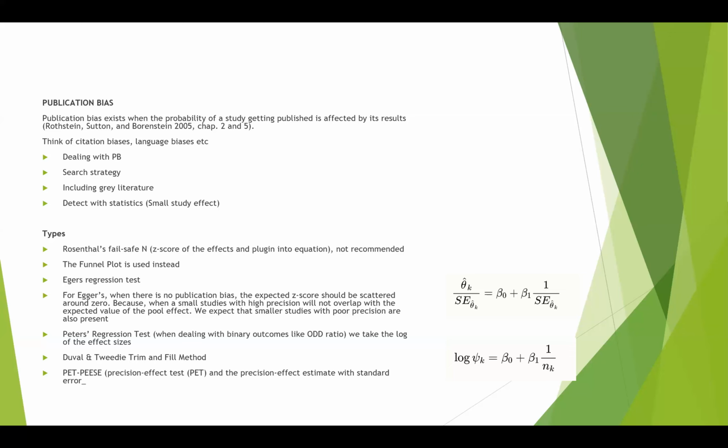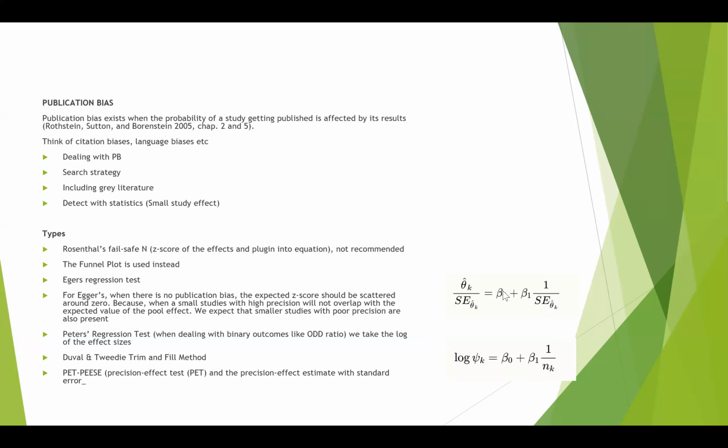So this example is something logical, the same as what we are doing here. We want to say, provided we didn't have precision at all, because of the beta naught plus beta 1 multiplied by 1 divided by the standard error, which is the weight of the study.